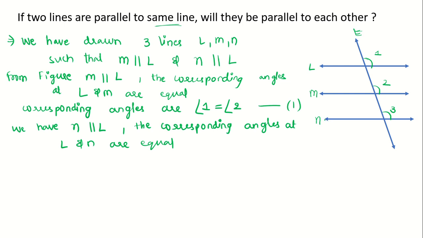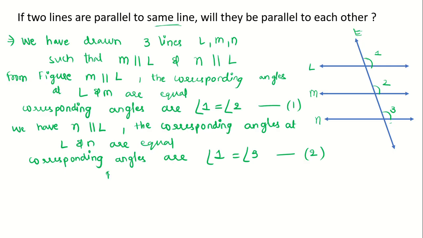Similarly, we have line N and line L, and the corresponding angles at line L and N are equal. So, what are the corresponding angles at line L and N? The corresponding angles are angle 1 and angle 3. At line N, we have angle 3 and at line L, we have angle 1. Let us take this as equation 2.